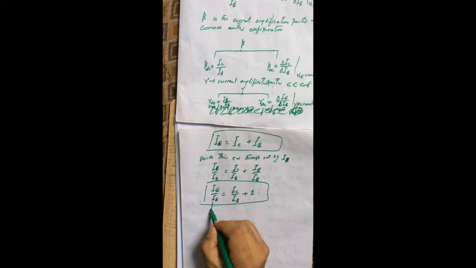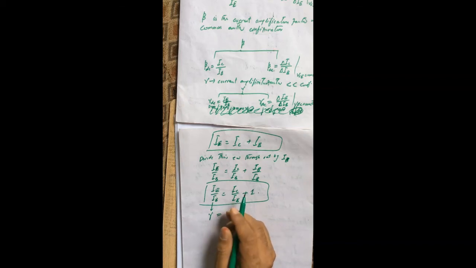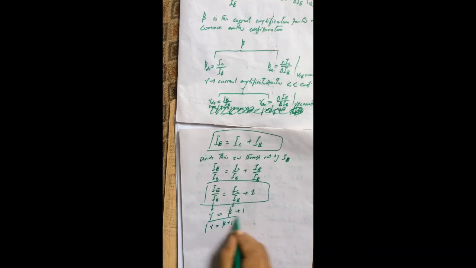Similarly, here IC is the output current in common emitter configuration, and IB is the input current in common emitter configuration. So their ratio gives us the current gain in common emitter configuration, which is represented by beta, plus 1. So gamma is equal to beta plus 1 is one of the relations. Gamma is related to beta by this relation.